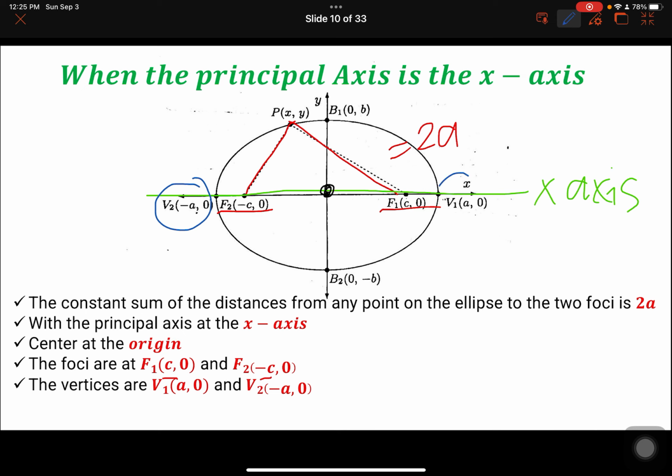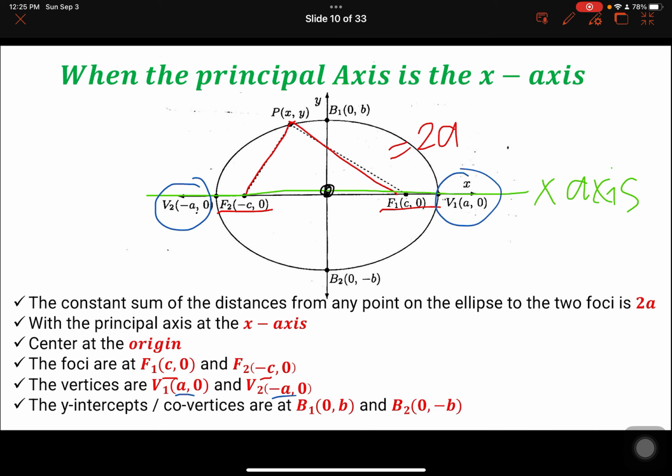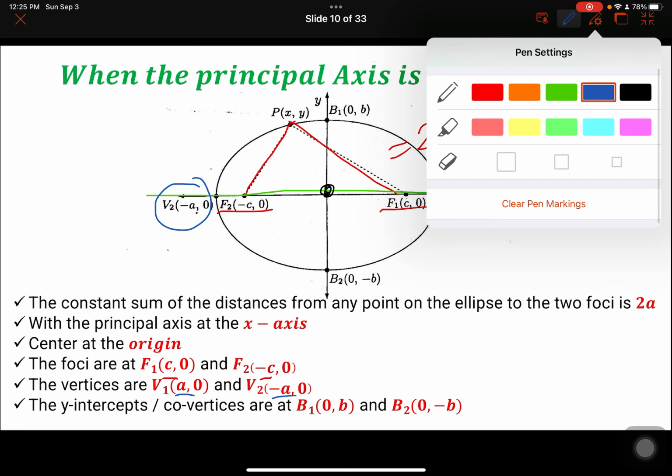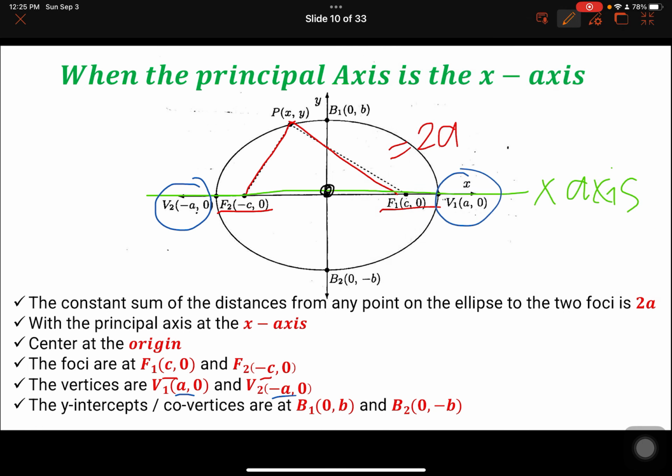V2 and V1, A yung gamit natin. And lastly, the y-intercept or the kinatawag natin co-vertices, ginagamit natin yung B sub 1 and B sub 2. And ang may value naman dyan yung B natin. B as in B. Okay?